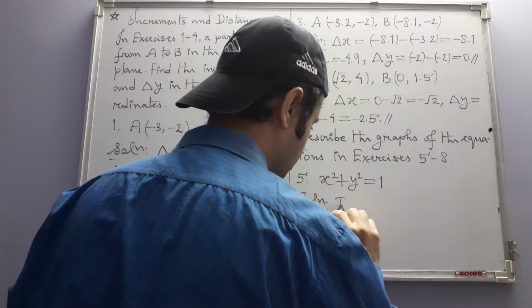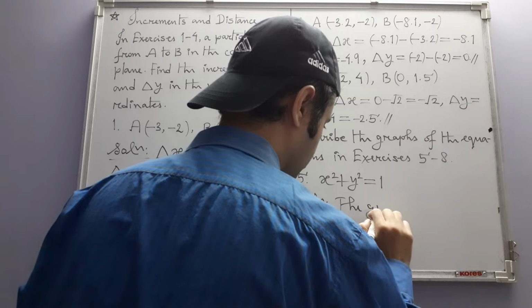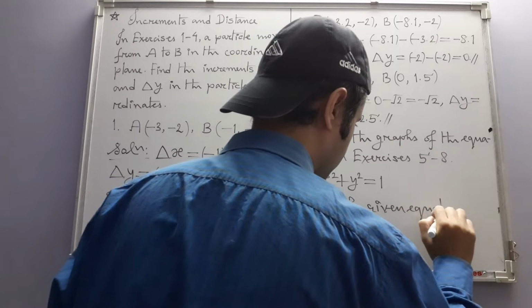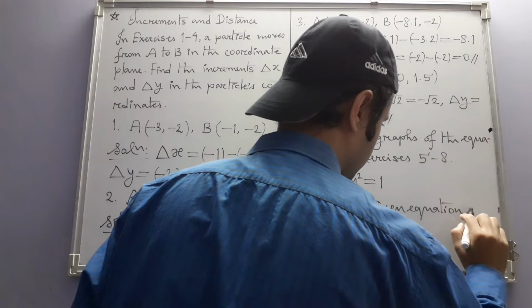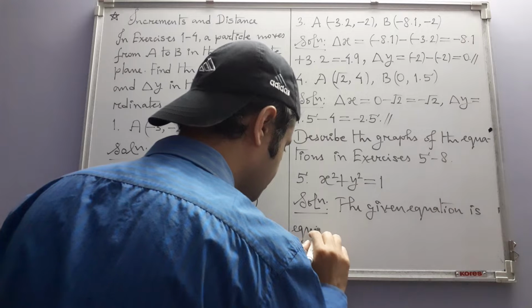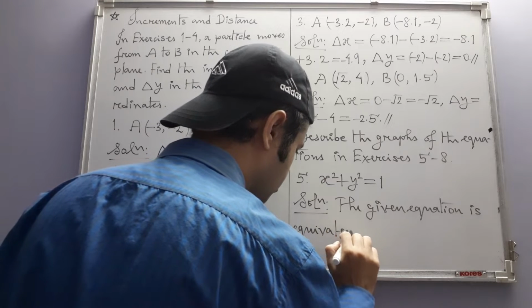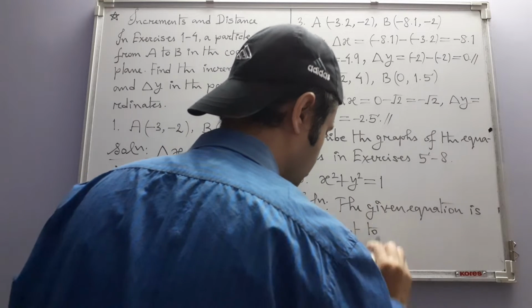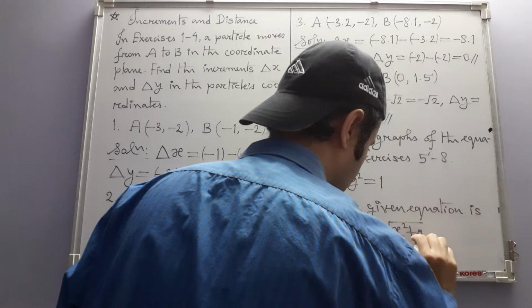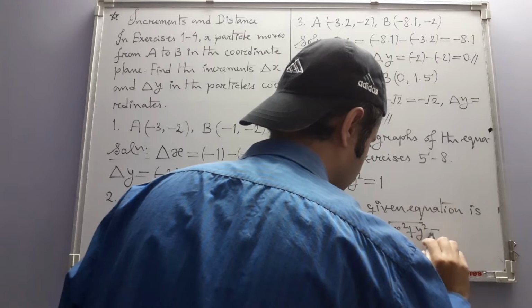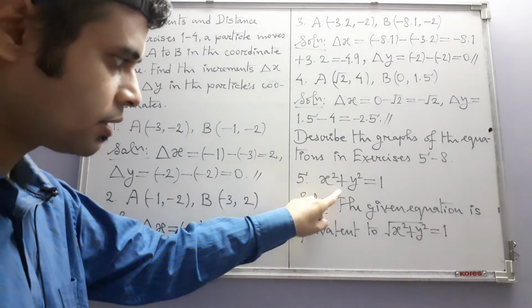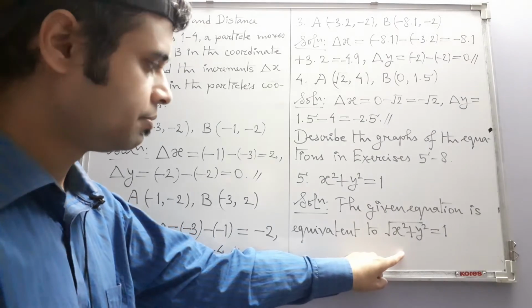Okay, the given equation is equivalent to square root of x square plus y square equal to 1. The given equation of course implies this one.